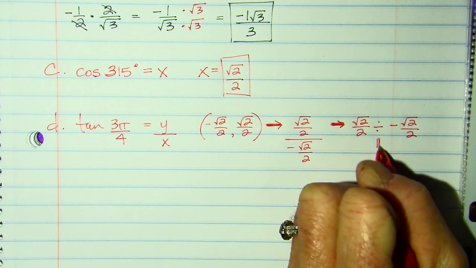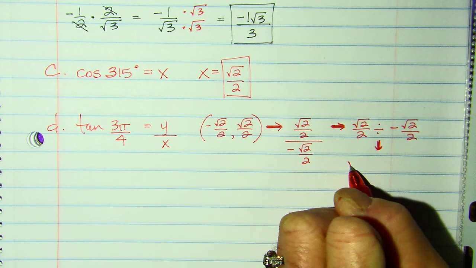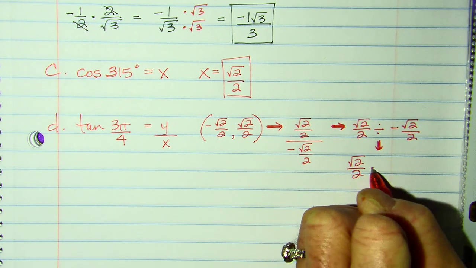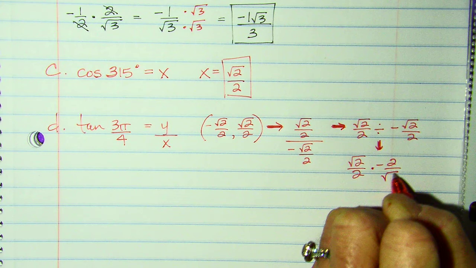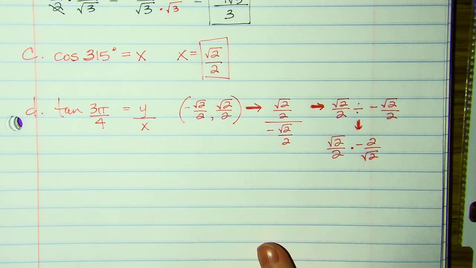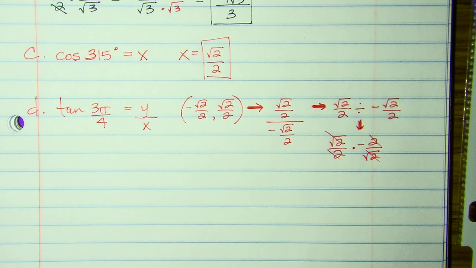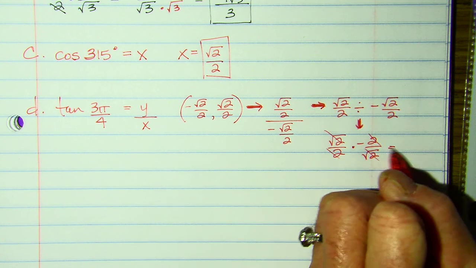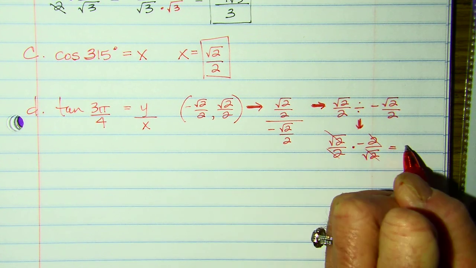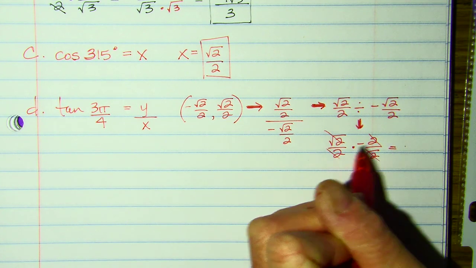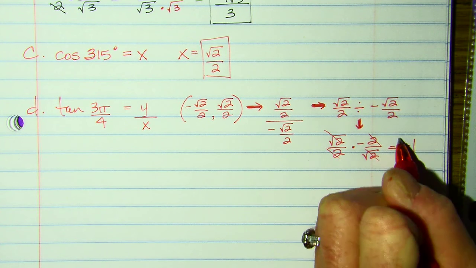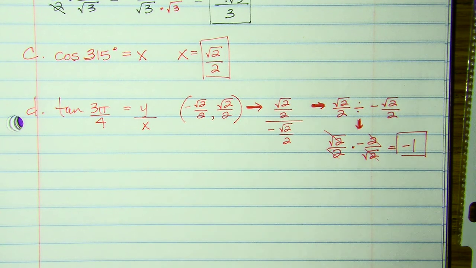And to divide by a fraction, I multiply by the reciprocal. And what do you notice? Well, these cancel and these cancel, but I'm left with a negative. Now, why do they cancel? Because 2 over 2 is 1. Technically, negative 2 divided by 2 would leave me with negative 1. So that is the answer to part D.